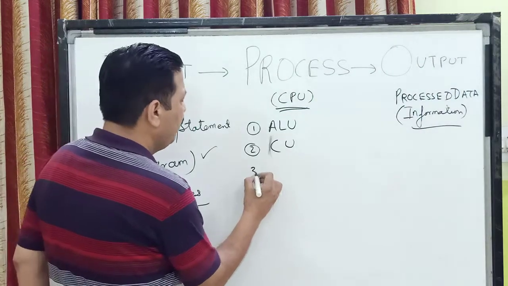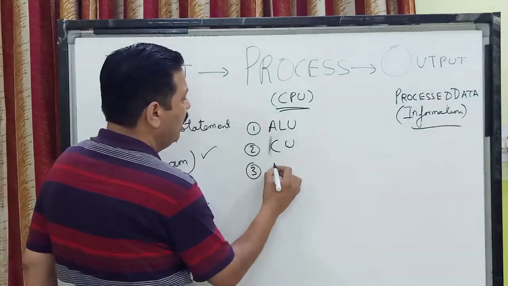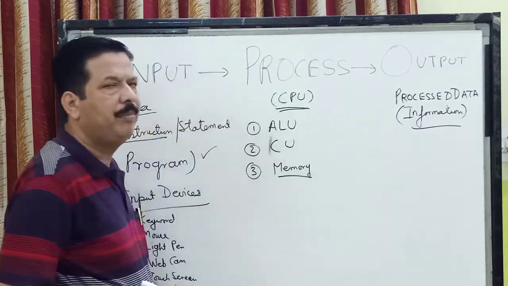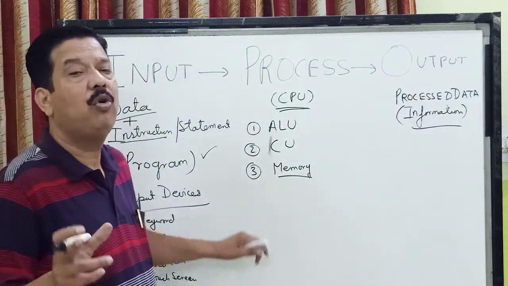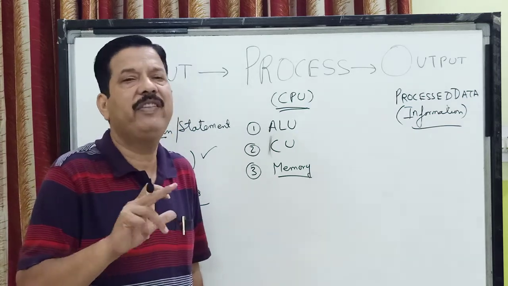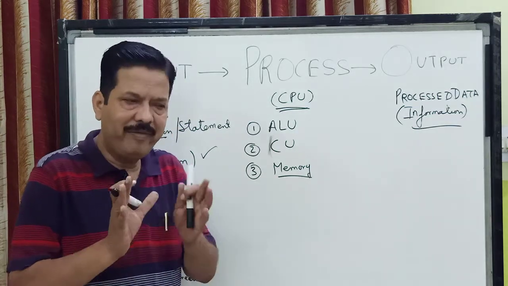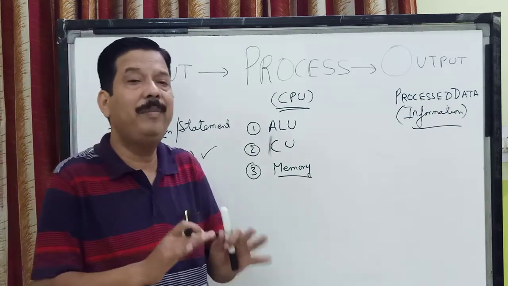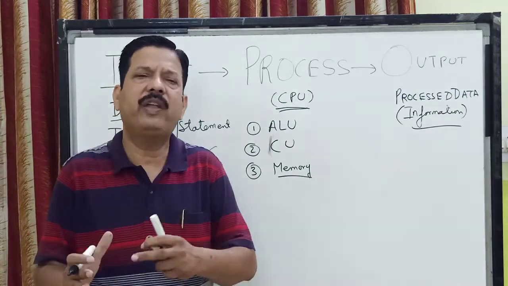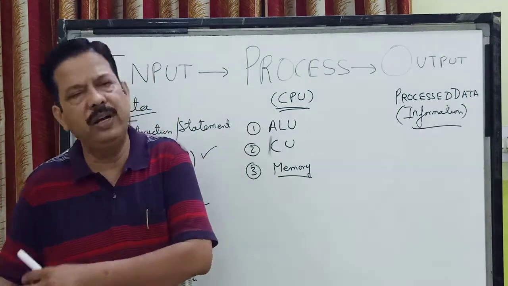And the third very important part of the computer is the memory. When I am talking about this memory, I am calling it the internal memory or the immediate access memory of the computer. Every computer has its own memory, and I am going to tell you about it. And there is a memory which is external to the computer.